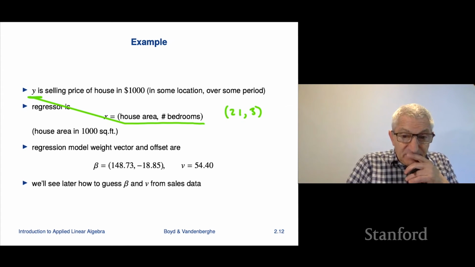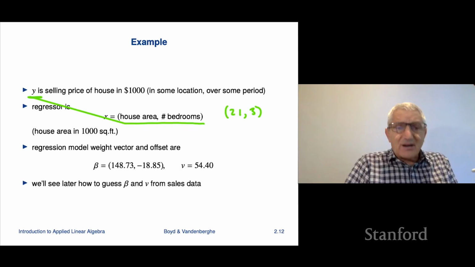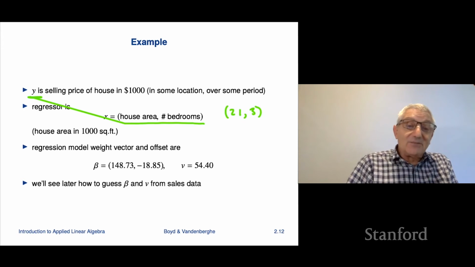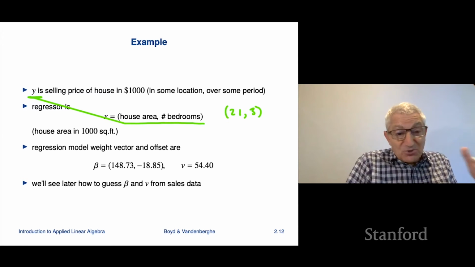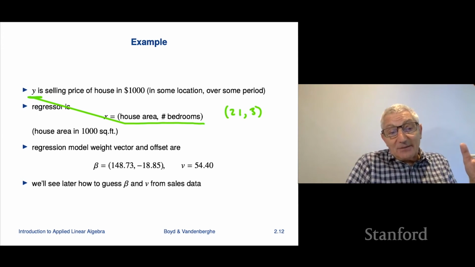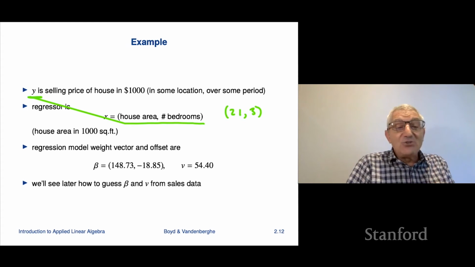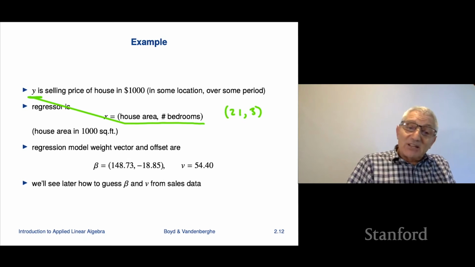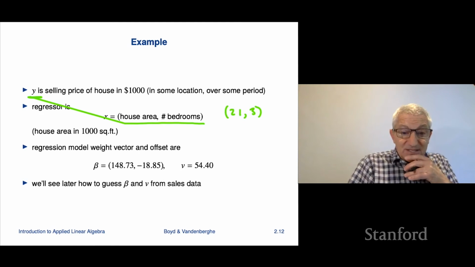Now, I should add, this is an embarrassingly simple example. No one would predict a house price based on 2 features, right? Real ones like Zillow or Trulia would actually predict a house price based on tens or hundreds of features, right? But nevertheless, it gives you a rough idea of what it's going to look like.